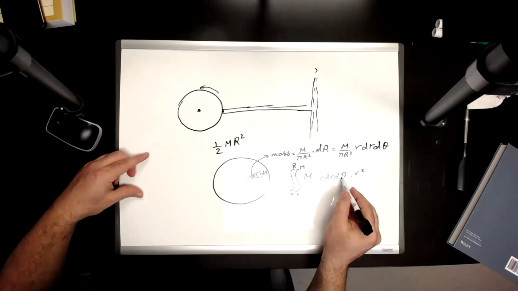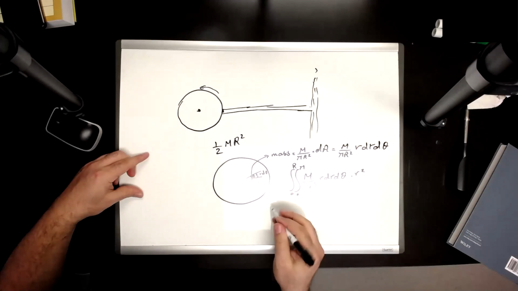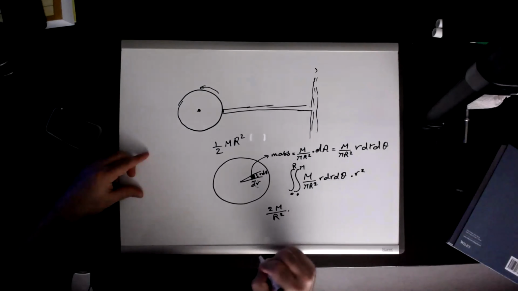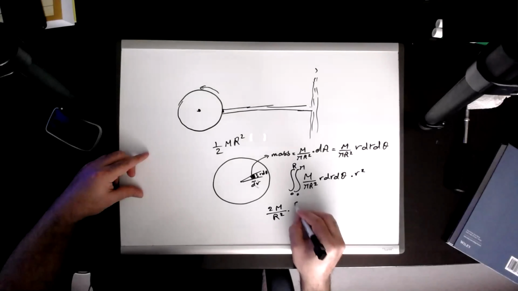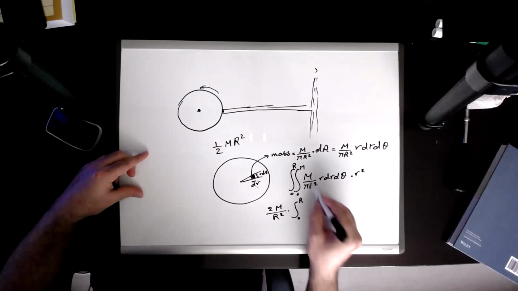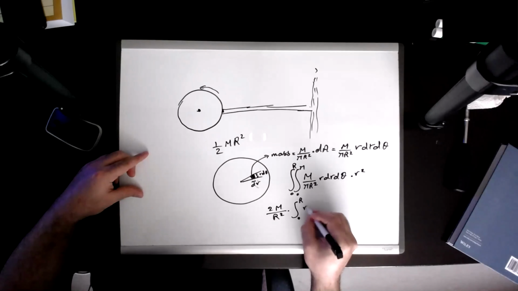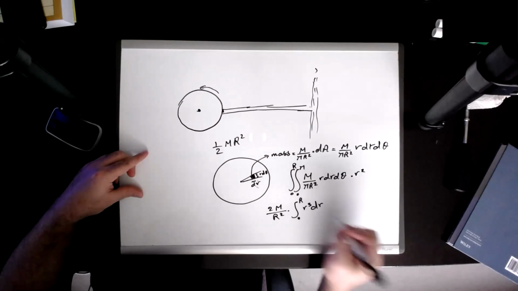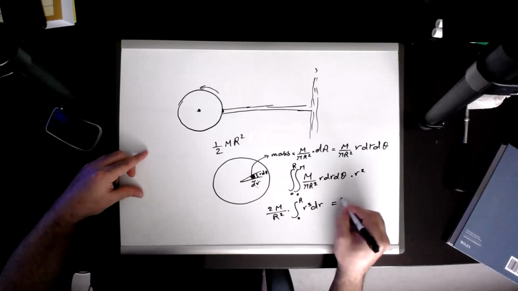Because if you do first integration with respect to theta, it would be 2 pi. Pi cancels out. It would be 2m over r squared. Then I would have the integral from 0 to r of r cubed dr.